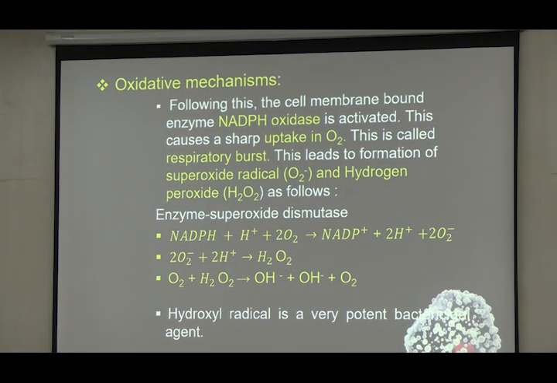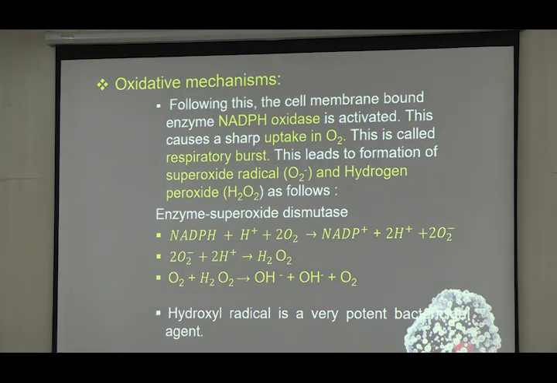The neutrophil will produce oxidants. How are these produced? See, NADPH we have heard of. There will be hydrogen ion within the cytoplasm, because inside is an acidic environment. When this process starts, our breathing is increased.